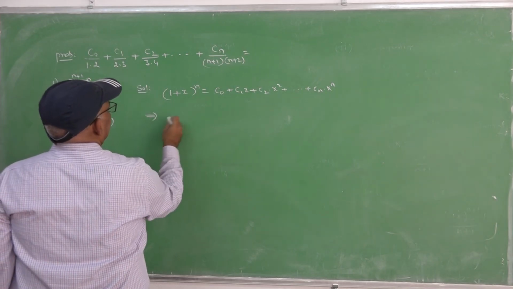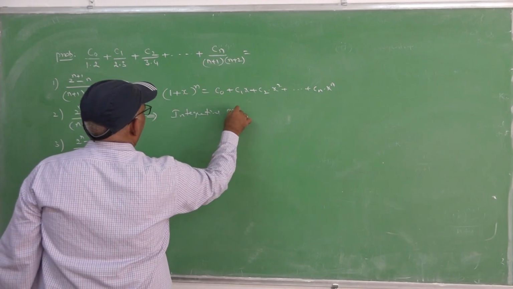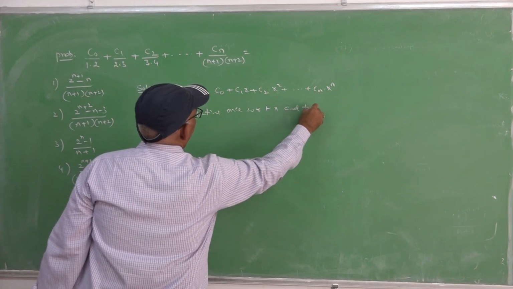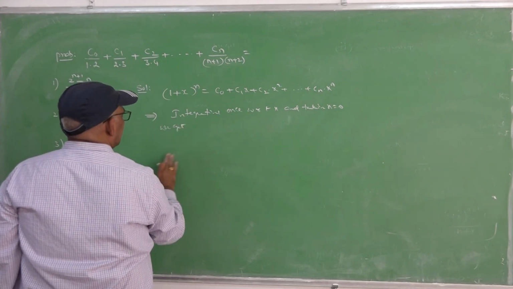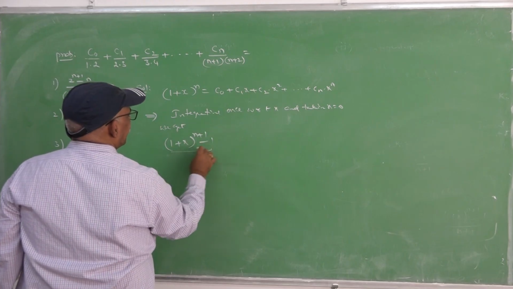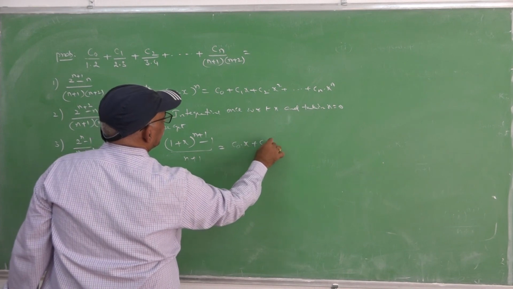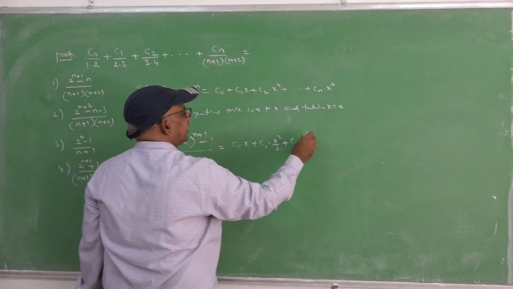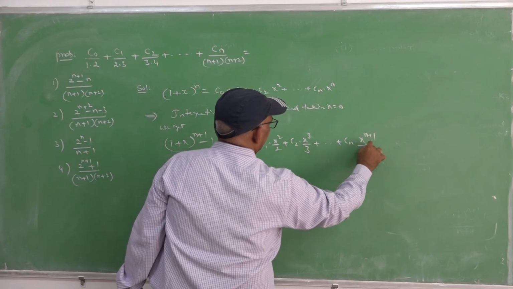So that implies integrating once with respect to x and taking x equal to 0, we get the result 1 plus x whole power n plus 1 minus 1 by n plus 1 is c0 x plus c1x square by 2 plus c2 x cube by 3 and so on, Cn x power n plus 1 by n plus 1.